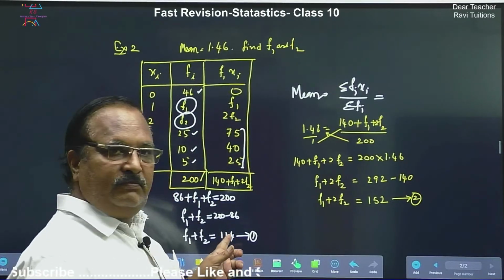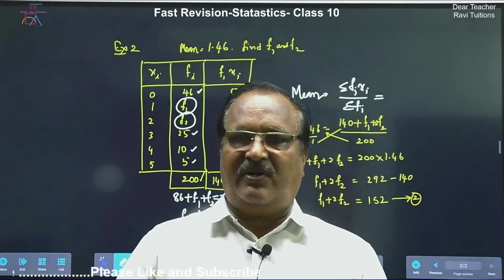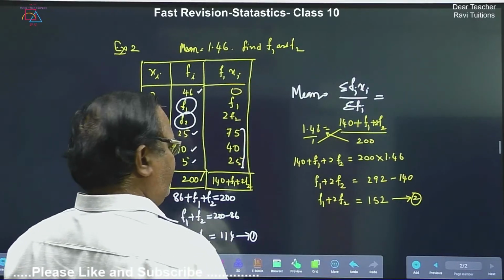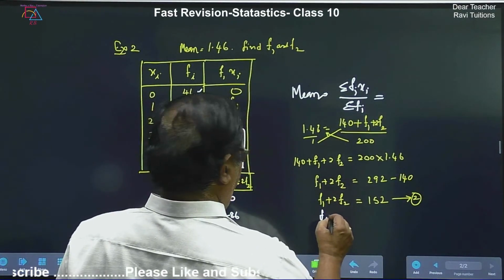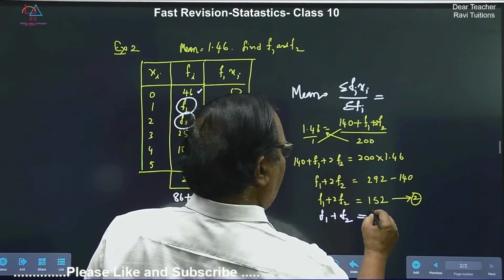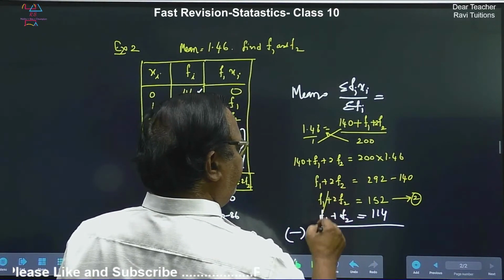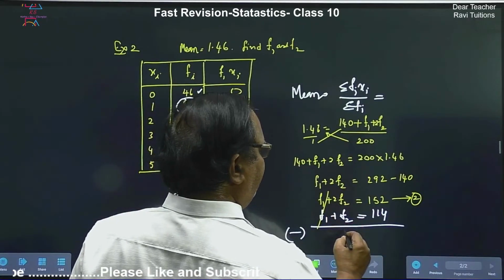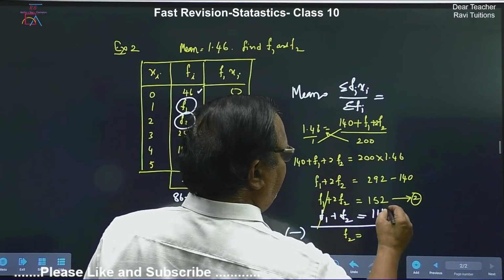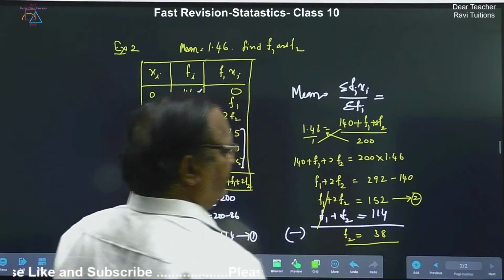So now we got two equations. These two equations you have to solve. F1, F2 you will be getting. I will just do it for you very fast. F1 plus F2 is equal to 114. If I subtract it, what happened? F1 will get cancelled. 2F2 minus F2, F2 is equal to 152 minus 114, which is 38. So F2 is equal to 38.